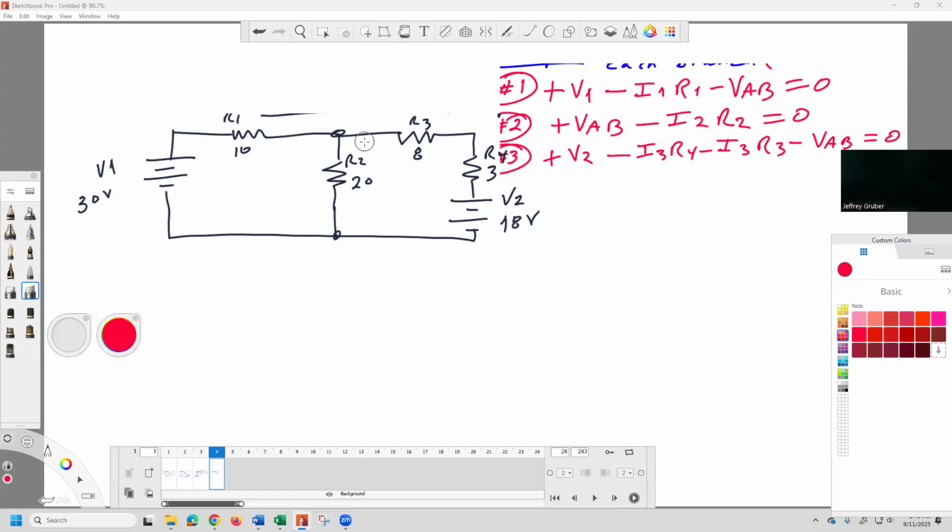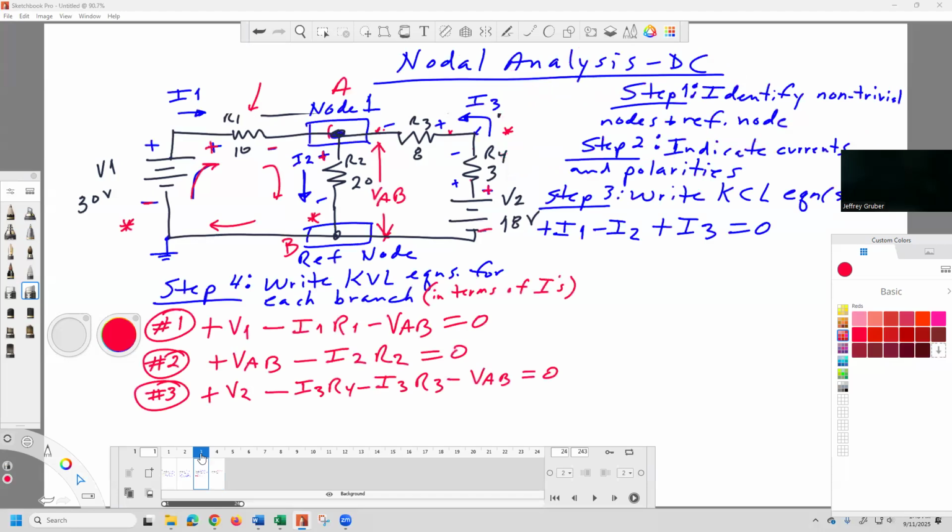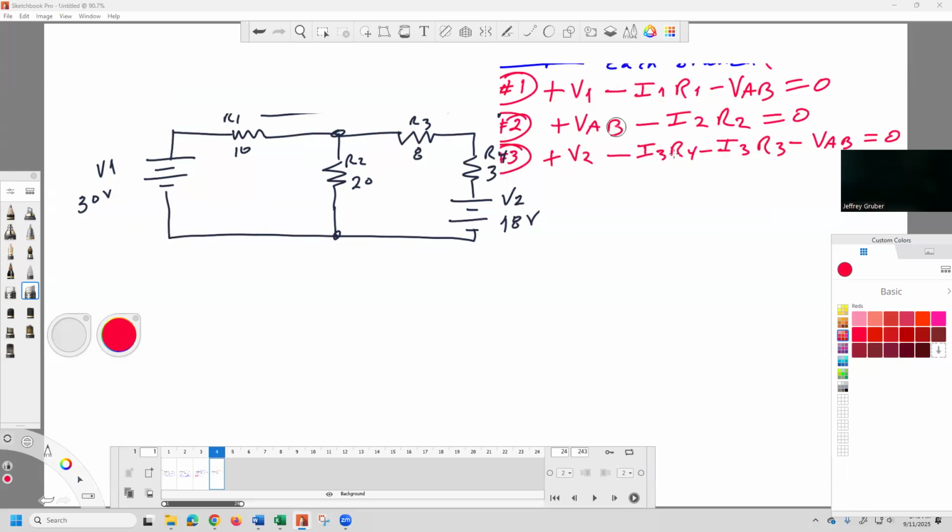So you have this in your notes, right? Yep, all these things that I wrote in here. The stuff that we're going to do now is with this equation. Okay, so the next thing that we have to do is step 5. So this was step 4.